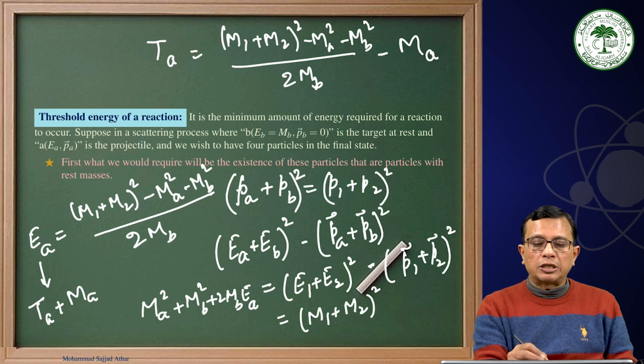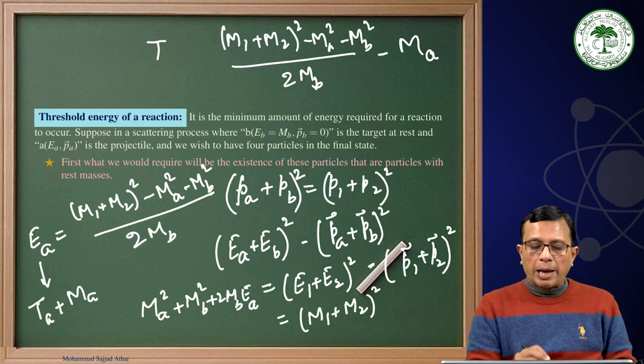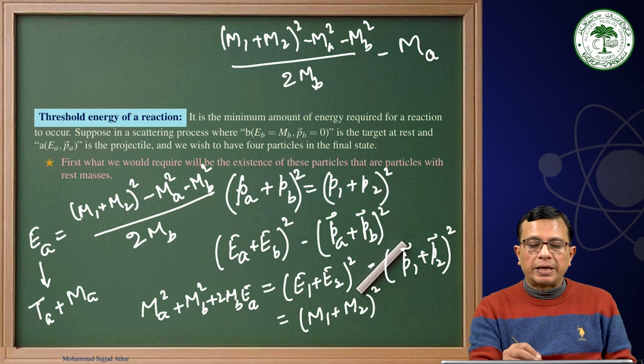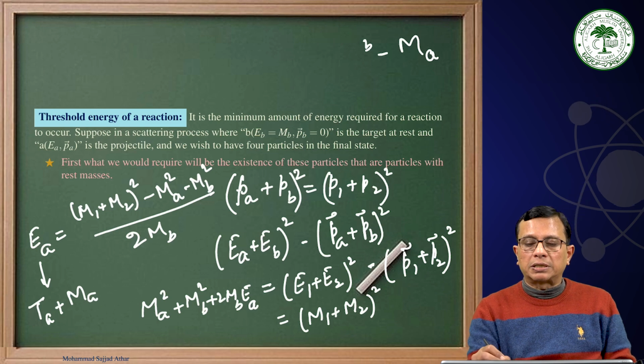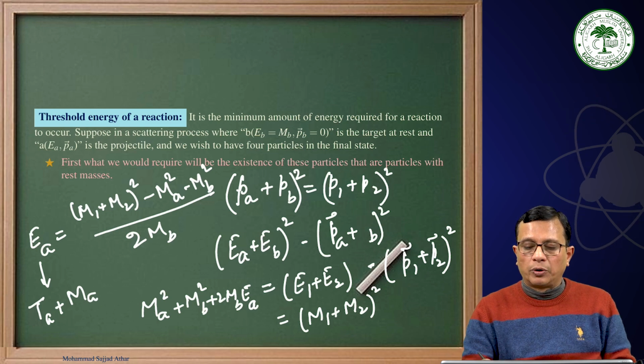Therefore, if we have two particles, then we have (M1 plus M2) whole square. If we have three particles, then that will be (M1 plus M2 plus M3) whole square. If we have four particles, then that will be (M1 plus M2 plus M3 plus M4) whole square.